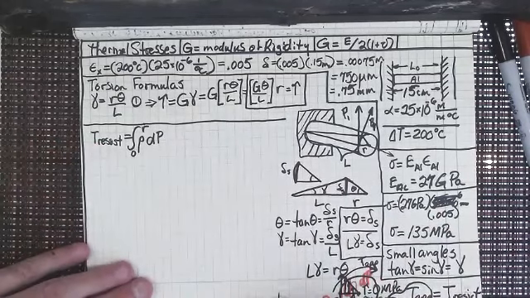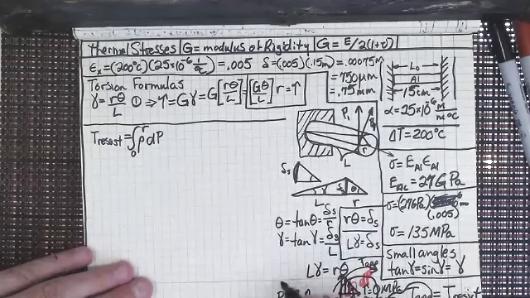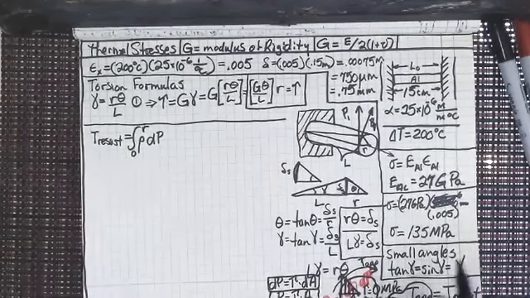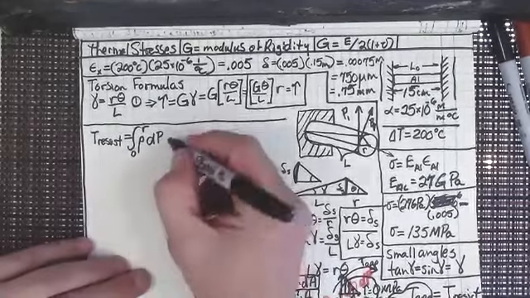So if P equals shear stress times A, then dP equals shear stress times dA. Does everybody see that? I don't think it's a problem.